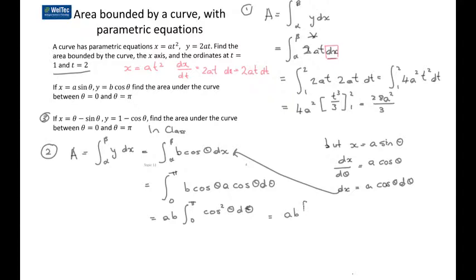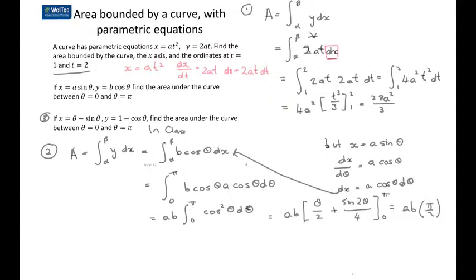So it's going to be ab times theta over 2 plus sine 2 theta over 4, or I could take the half out, it doesn't matter. And if we do the arithmetic at that stage, then we get ab times pi over 2.